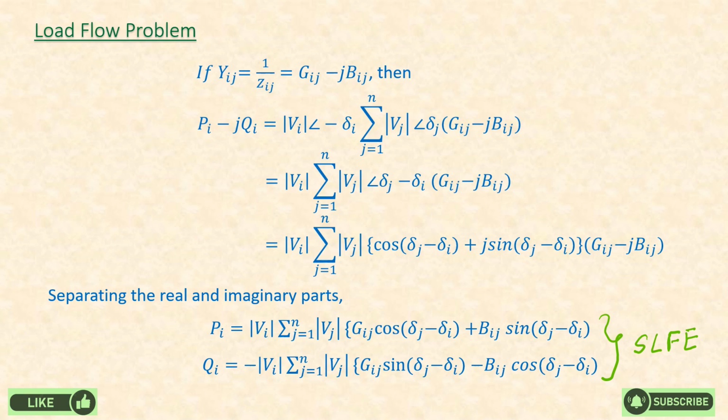Substituting this expression for Yij into the expression for the complex power at the ith bus, that is Pi minus jQi, we can reformulate the load flow equation in terms of these components. As you can see, now we are getting the equations for Pi and Qi. By separating the real and imaginary parts, we can write the expression for real power and reactive power in terms of the components of the admittance.